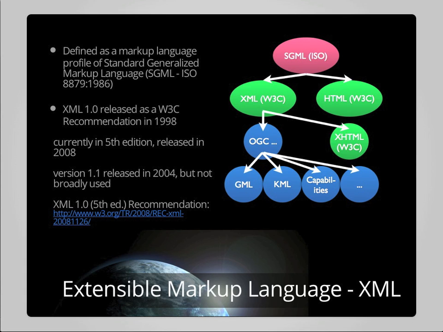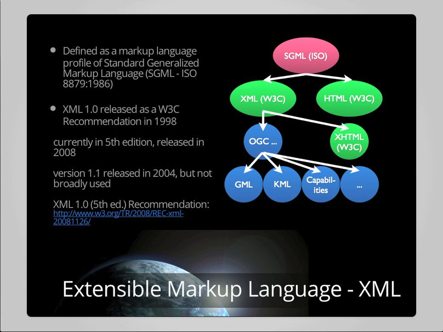XML is another standard model that is based upon SGML as a structured method of representing content in a flexible and extensible way, but that is based upon a core set of rules that define a valid structure for what an XML document consists of.